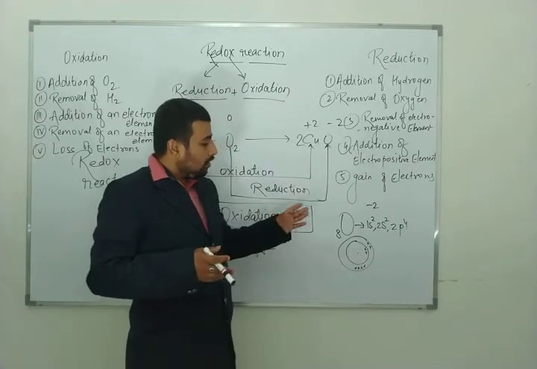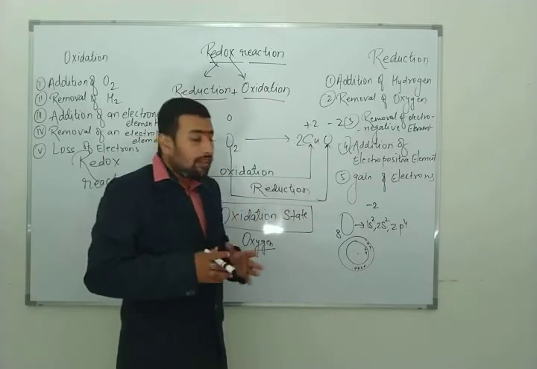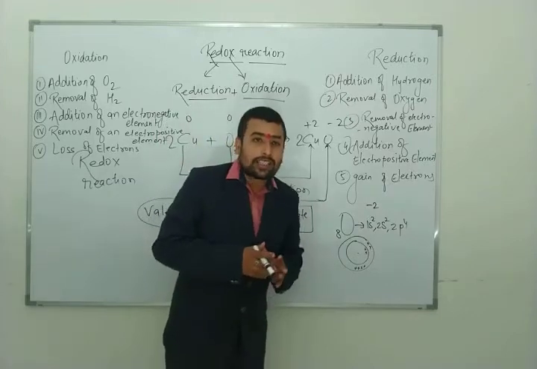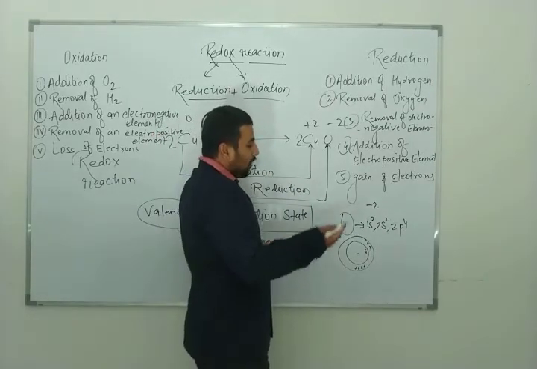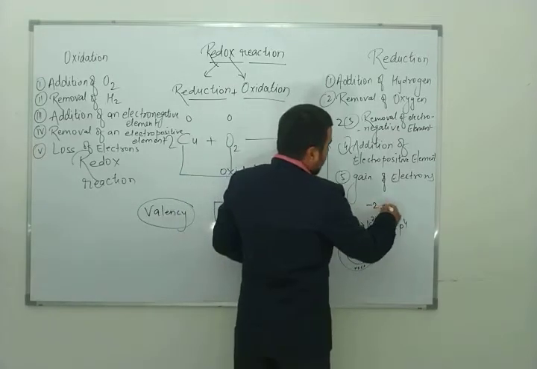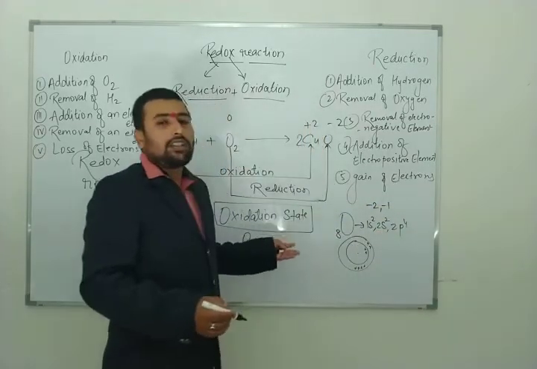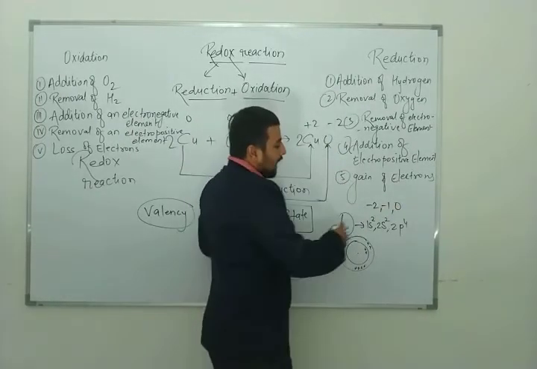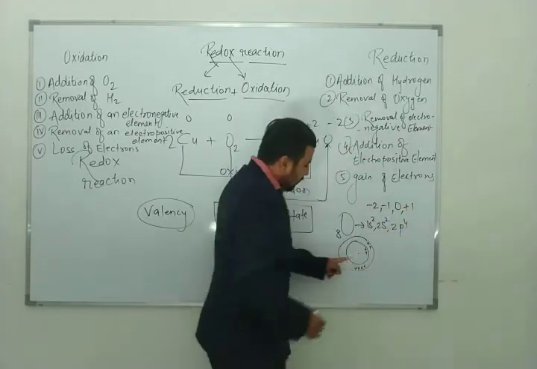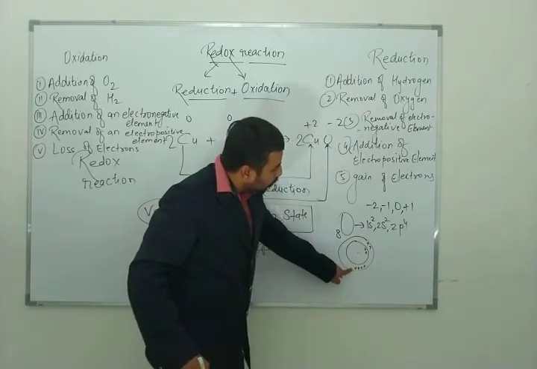If no element is giving a single electron to oxygen, oxygen will start removing. First it will try to take one electron, and if it is not given, then it will remove that. Then it will come to 0 oxidation state. Then it will come to +1 oxidation state, meaning it has removed a 2p4 electron.